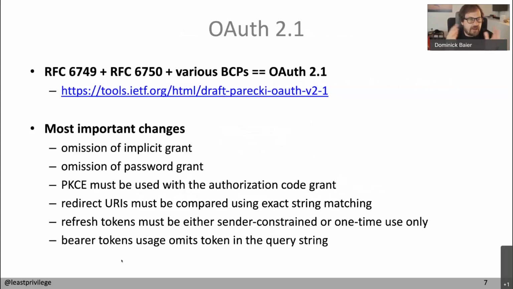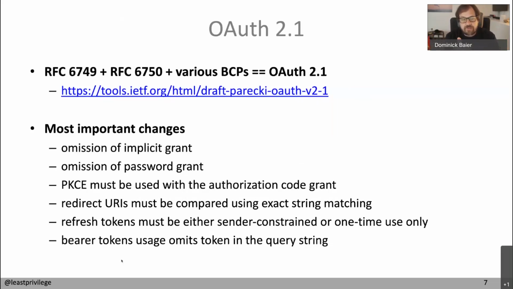I mentioned these things earlier, but I want to point out the most important changes between 2.0 and 2.1. The implicit grant is gone, the password grant is gone. When you're using authorization code grant, you must use PKCE to protect yourself against code injection and cross-site request forgery and other types of leakage attacks of the authorization code.